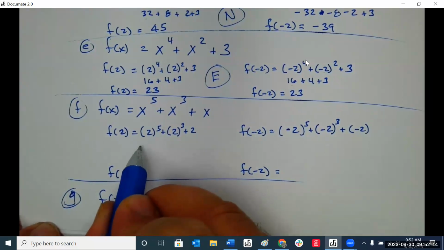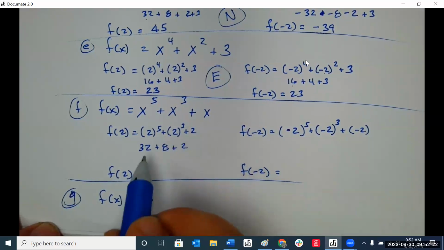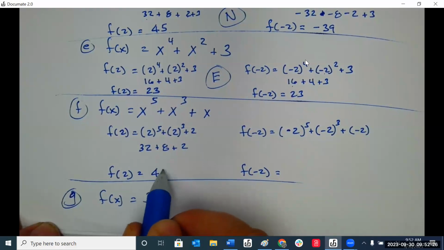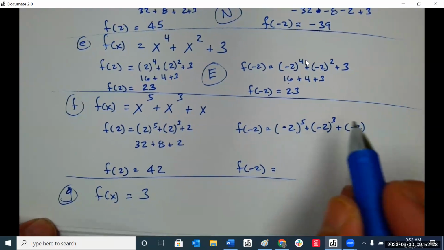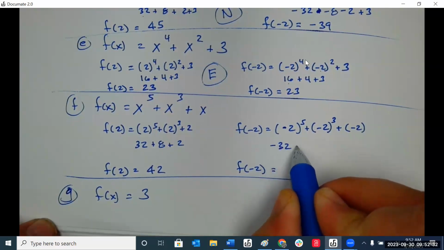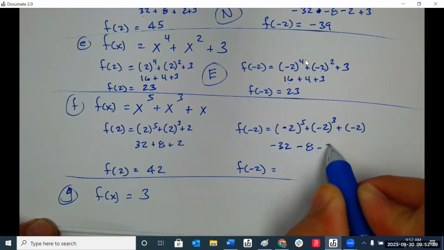Go 2 to the fifth, 2 cubed. 32 plus 8, plus 2. Negative 2 to the fifth, negative 2 cubed, and negative 2.